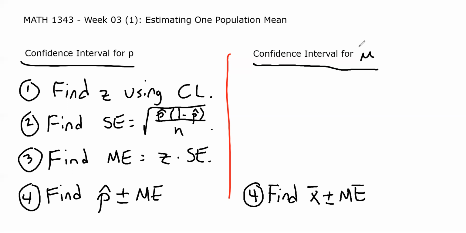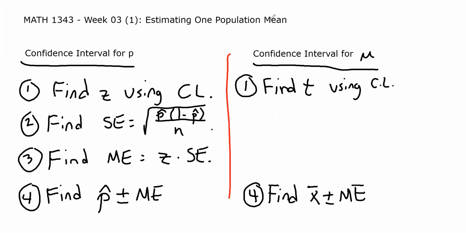The first three steps are mostly similar. There are some subtle differences. For example, when we're finding a confidence interval for mu, we're not going to use the Z-chart. We're going to use the T-chart. We're still going to find it using the confidence level, meaning that we'll draw a bell curve and put the confidence level in the center of the bell curve and find the T-scores that cut off the left and right tails.